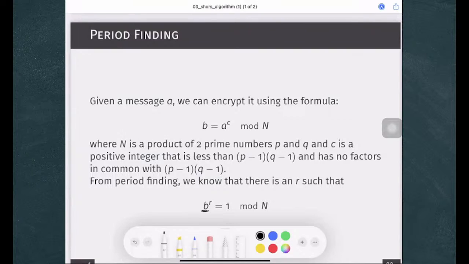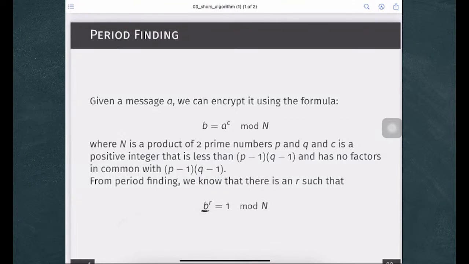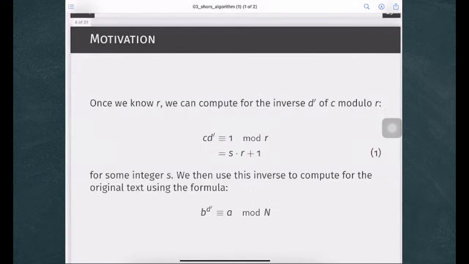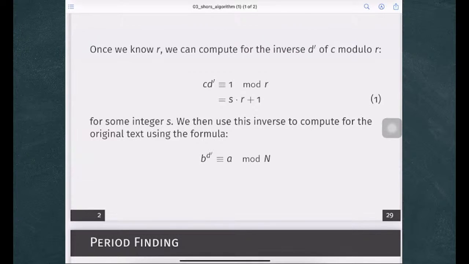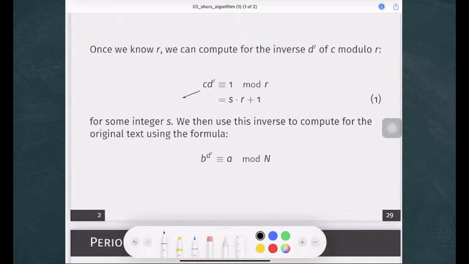This ciphertext, we will show that in the next slide. Once we know R, what we can do is compute the inverse of C. Remember that C here is the number that you use to encode the plain text.